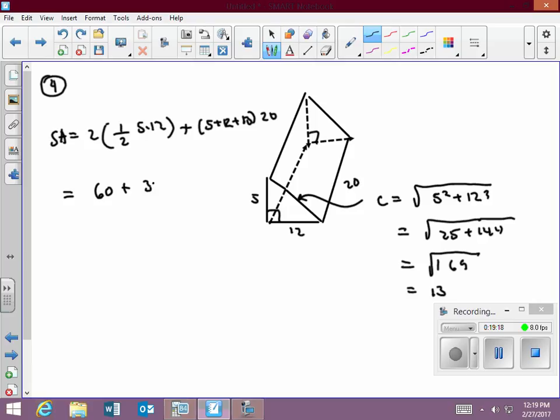This is 30 times 20. Is that 600? 660? Did I calculate that right? 660 centimeters squared. All right? This was A.